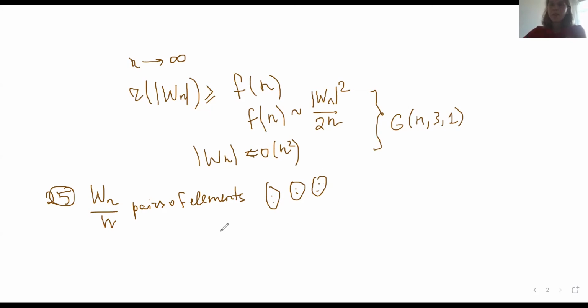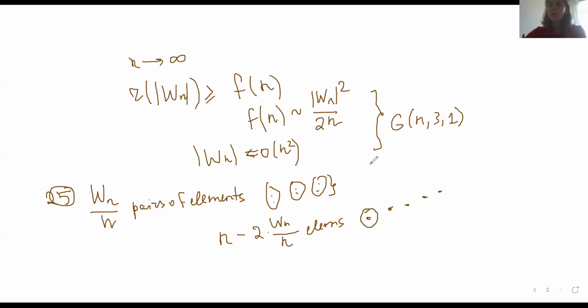Okay, and n minus 2 multiplied by Wn by n elements remain. They are not in pairs now. And now let's think of a subgraph that contains all the vertices formed in such a way that two of the elements are one of these pairs, and the third element is one of these remaining elements.